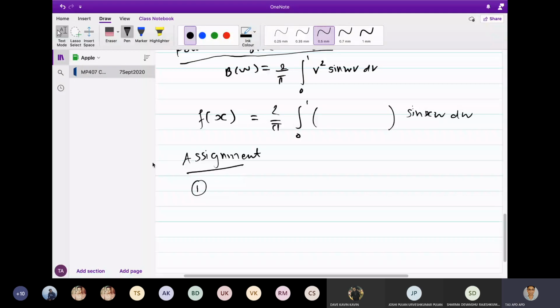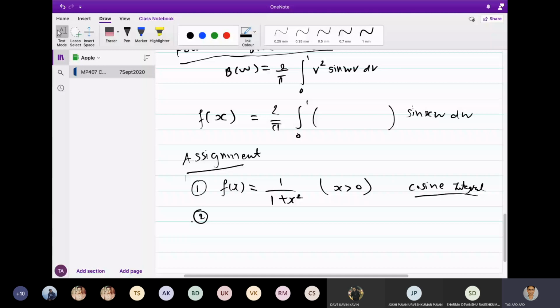For this, whatever examples I'm giving, f of x is equal to 1 over 1 plus x squared, x greater than 0. इसके लिए होगा कोसाइन इंटीग्रल. ठीक है, for this one.